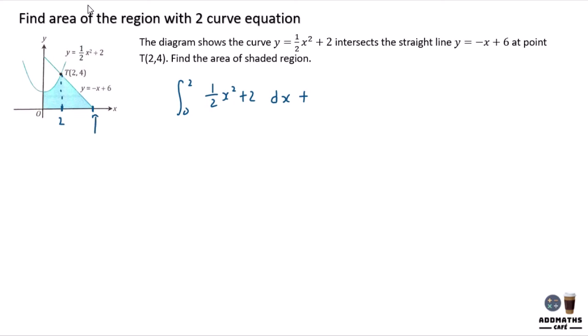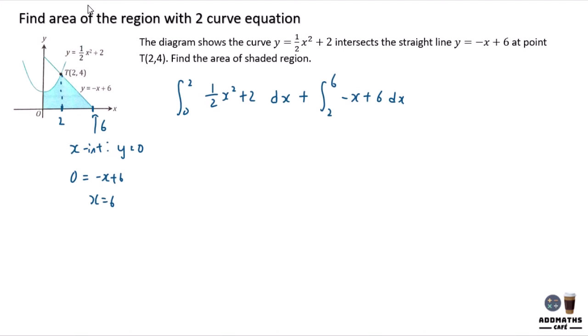You need to find the x-intercept of this straight line. So x-intercept means y equals 0. So y equals 0, negative x plus 6, x will then equal 6. So you know that it goes until 6. So 2 to 6 is the area under the straight line equation.